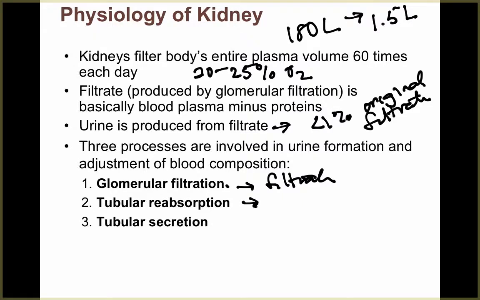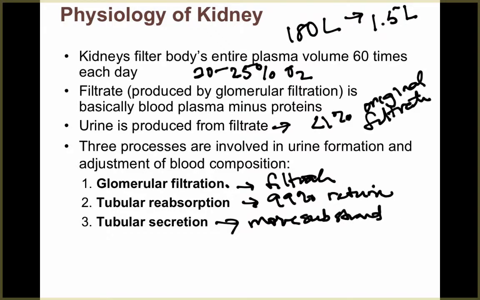This is where about 99% of the substances get selectively returned from the filtrate to the blood, from the renal tubules and the collecting ducts. And then tubular secretion, where we selectively move substances from the blood to the filtrate into the renal tubules and collecting ducts to be released.